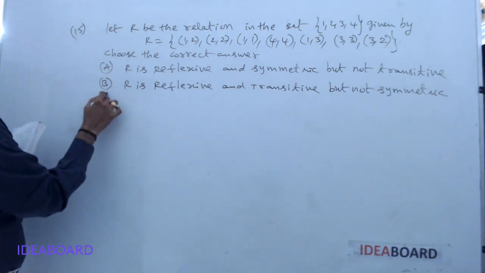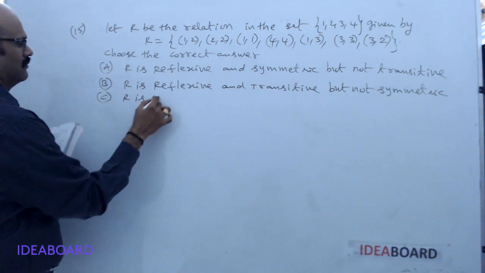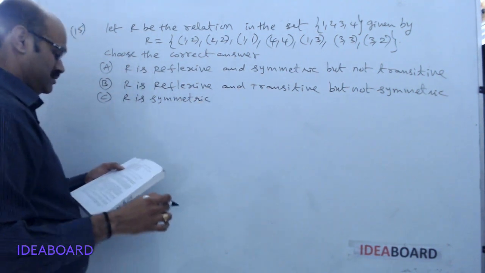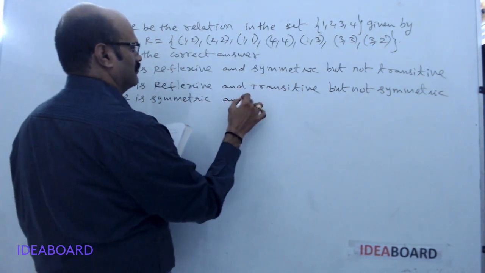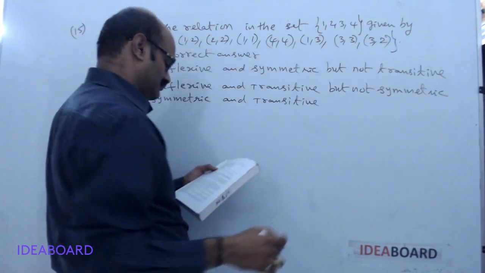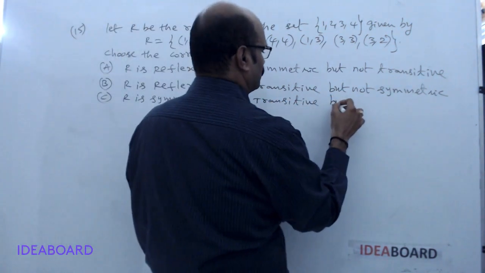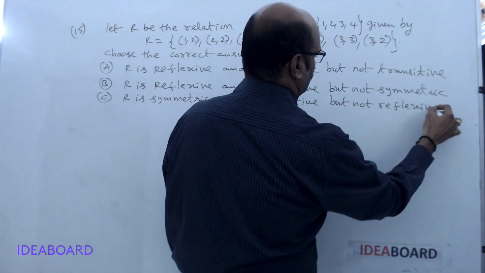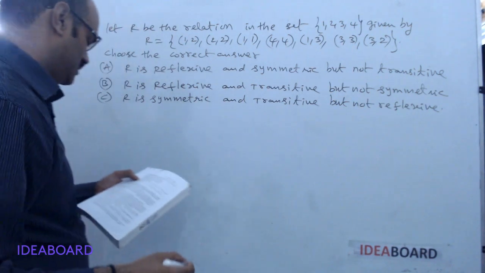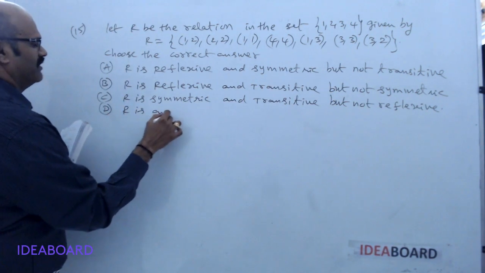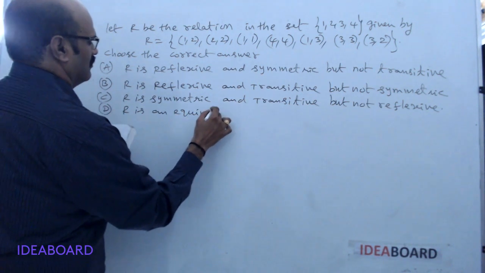C. R is symmetric and transitive but not reflexive. D. R is an equivalence relation.